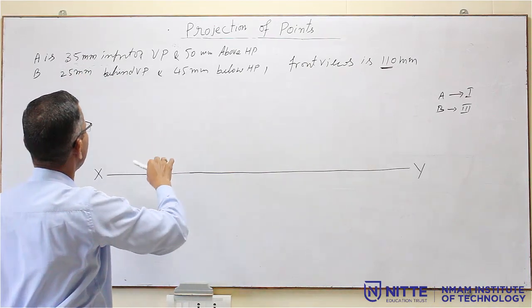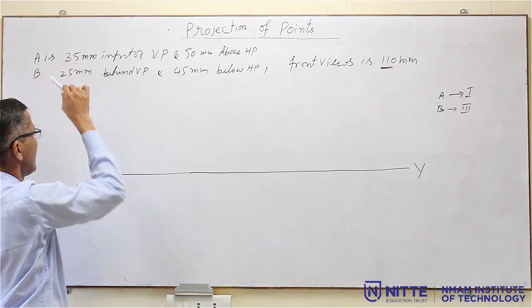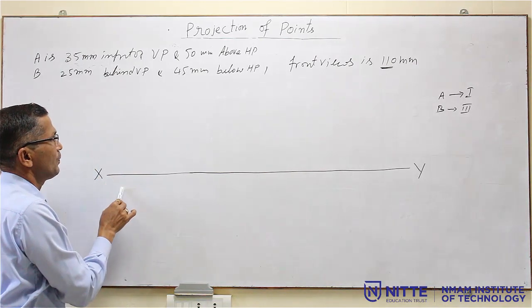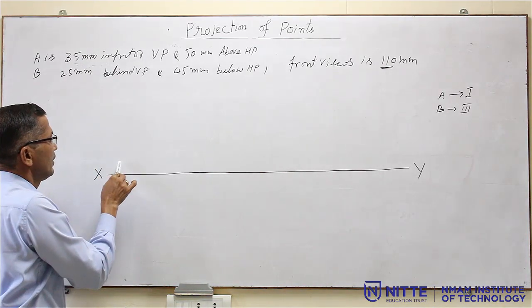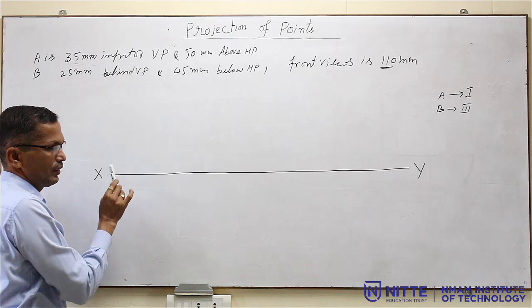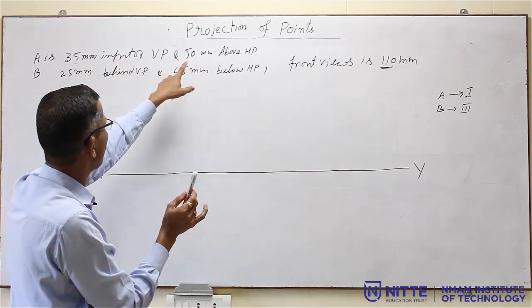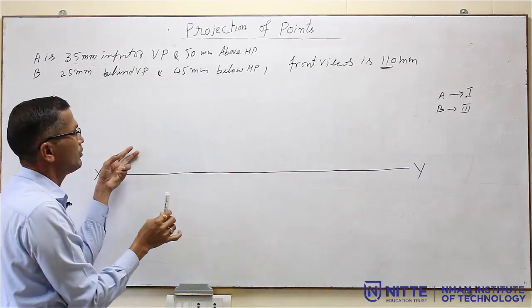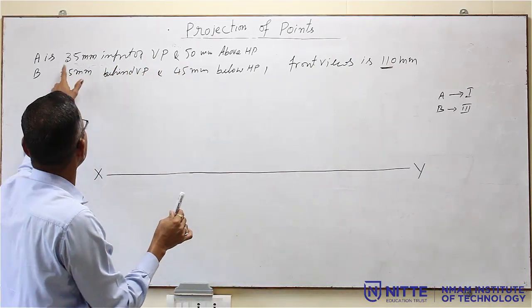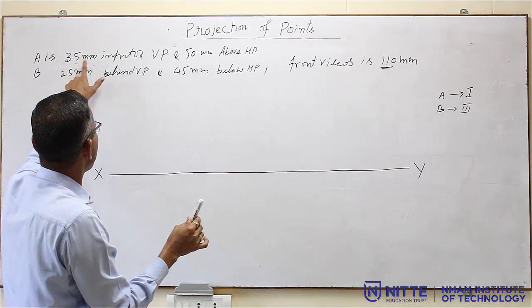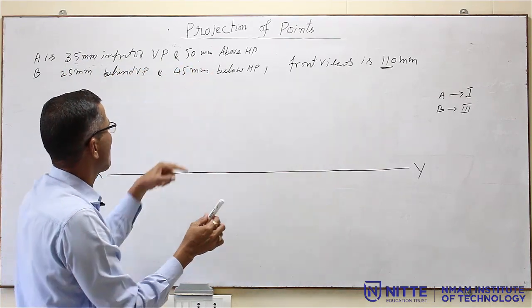Once again, here 2 points are there, that is why it is not necessary to write VP and HP. First you solve the point A. Point A belongs to first quadrant, that means this is VP, this is HP. So, 35 mm in front of VP, 50 mm above HP.